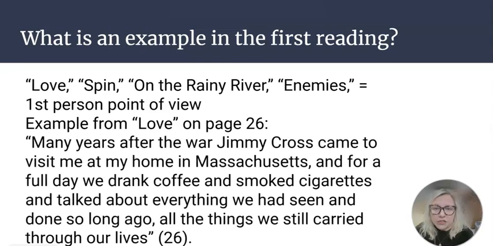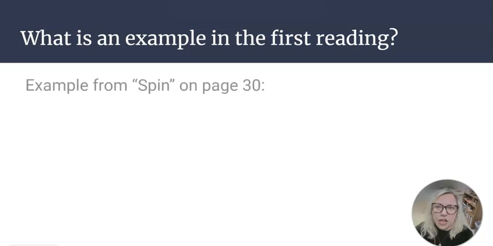"Many years after the war, Jimmy Cross came to visit me at my home in Massachusetts, and for a full day we drank coffee and smoked cigarettes and talked about everything we had seen and done so long ago, all the things we still carried through our lives." So that is the first person because it uses the "me" pronoun, and we find out by the end of the chapter that it is Tim O'Brien, the character, talking.